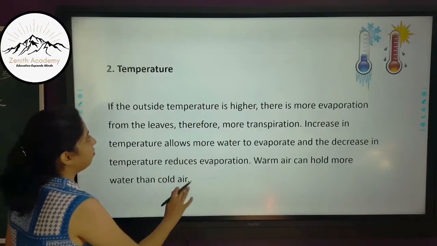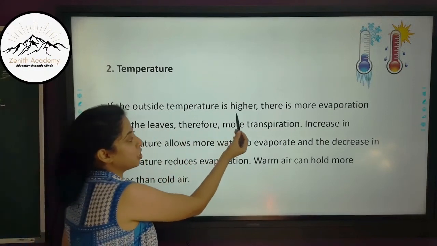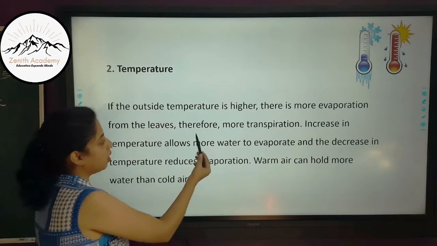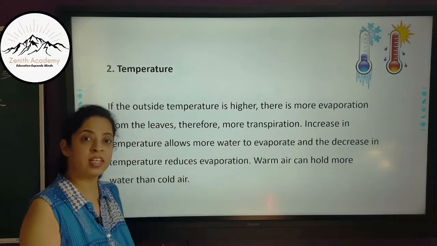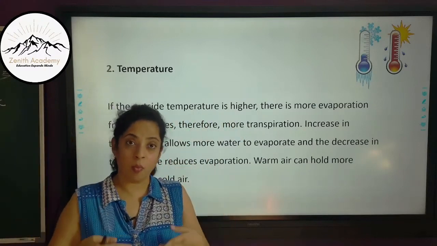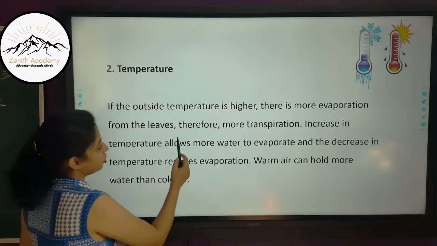The second external factor is temperature. If the outside temperature is higher, there is more evaporation from the leaves, therefore more transpiration. Obviously if the temperature outside is higher, it is hotter, then more water from the leaves will go out. So the transpiration increases.